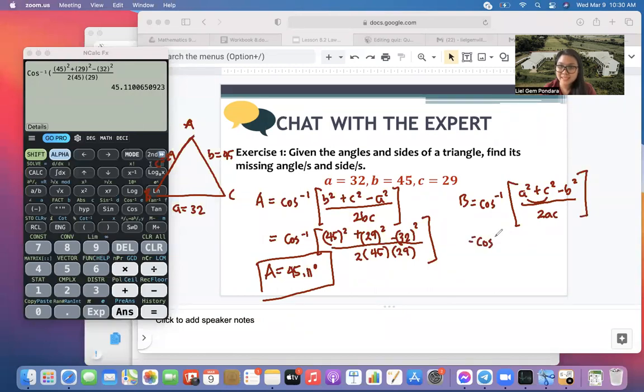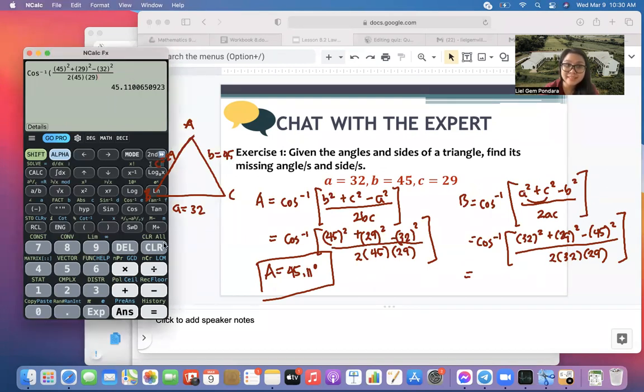So you have cosine to the -1 of 32 squared plus 29 squared minus 45 squared over 2 times 32 times 29. Once you are done substituting, you get your calculator and type it. Shift cosine fraction.